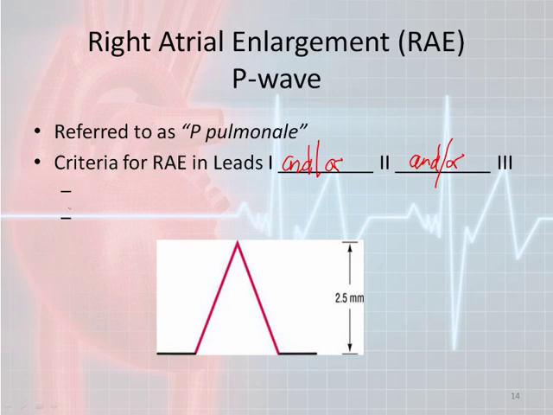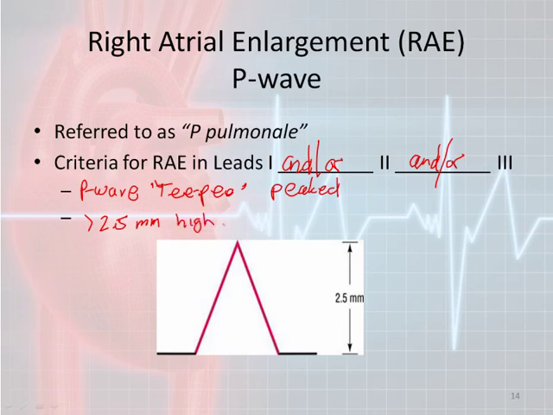So if you look in leads 1 and or 2 and or 3, and you have a P wave that is tall, also peaked is another way to say it, and it has to be greater than 2.5 millimeters high.